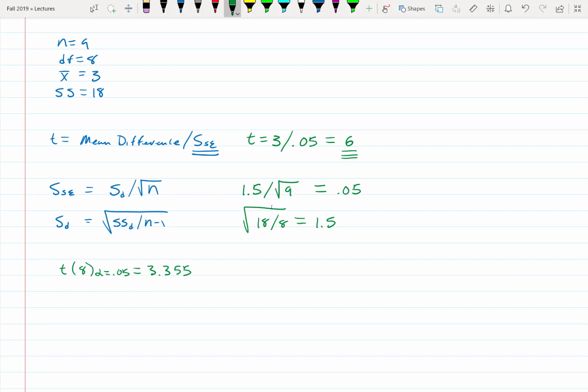The value we calculated over here was 6. 6 is greater than 3.355. So in this problem, we would reject the null hypothesis. It looks as if men really do prefer the lady in red.